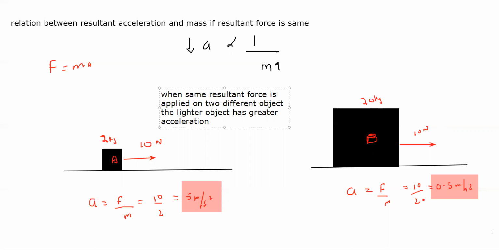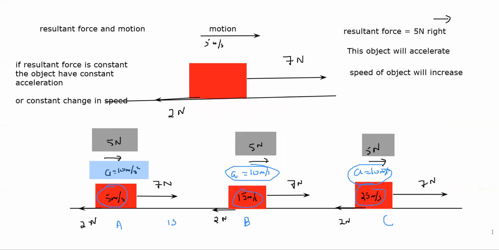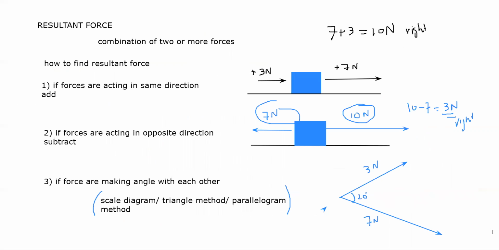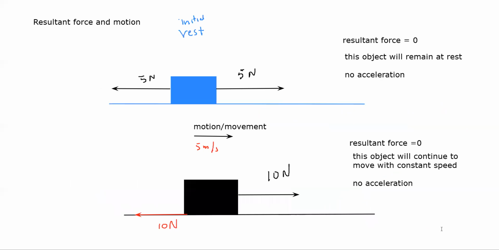Any doubt till now related to the concept of a resultant force? So a resultant force can be calculated by either addition, subtraction, or a scale diagram. If there is no resultant force, there is no change in state.